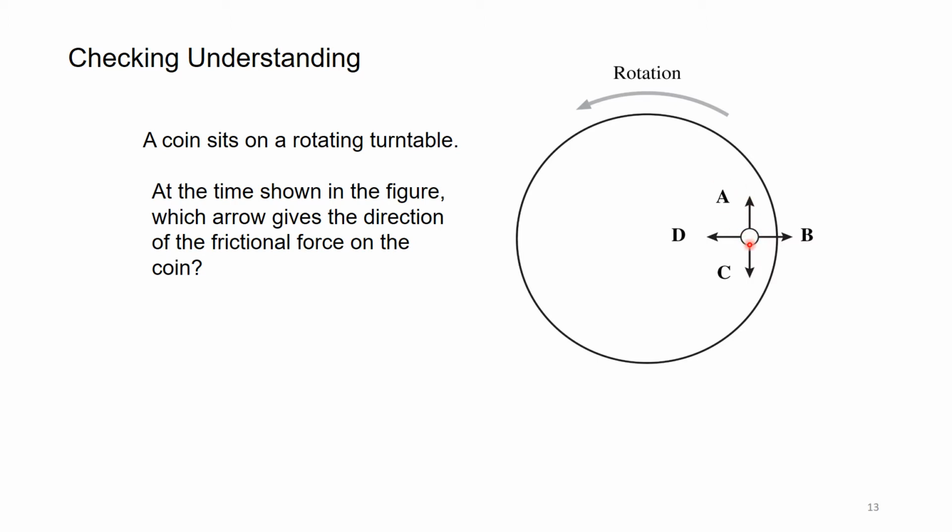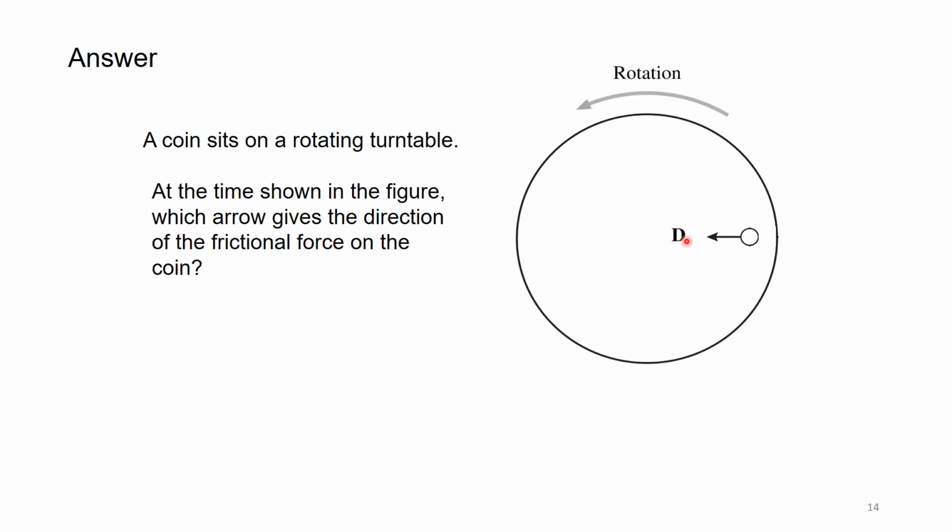Basically, friction is responsible for changing the direction of the coin as it moves. Without friction, the coin would be moving in a straight line and then roll off the table. So effectively, friction acts as the centripetal force. Looking at the picture, we can see the centripetal force must point to the center. That's the direction shown by option D, which also means friction must point to the center as well.